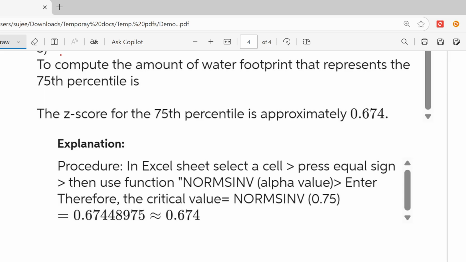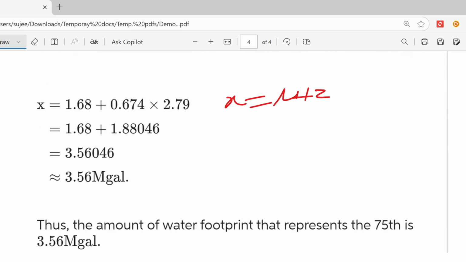The Z-score for the 75th percentile is approximately 0.674, and we obtained it using the same Excel formula as before. We use the same expression, x equal to mu plus z into sigma, plug in all the values, and get the final answer of 3.56 megagallon.